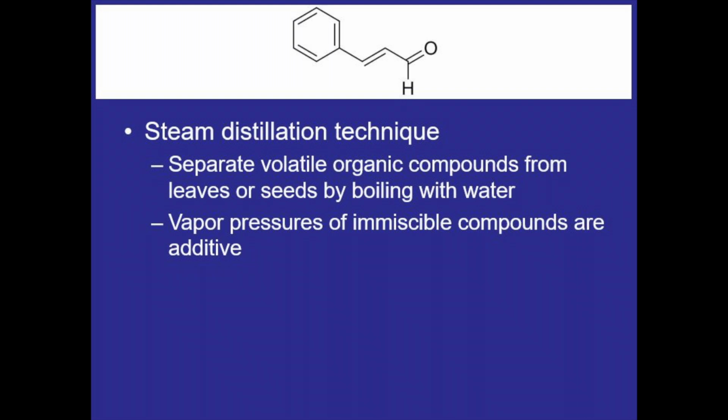Since the total vapor pressure is higher than each compound's respective vapor pressure, both the cinnamaldehyde and the water will co-distill at a temperature that's actually lower than water's boiling point. Here's an example of how this works using iodobenzene, which has a boiling point of 188 degrees Celsius.